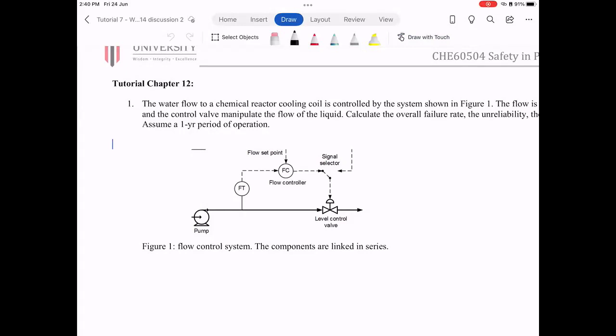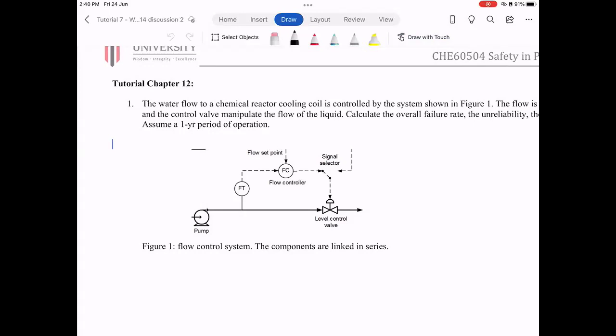If you constantly put a control valve like what is shown in the system, we are constantly throttling the pumps. So this is just for your information.